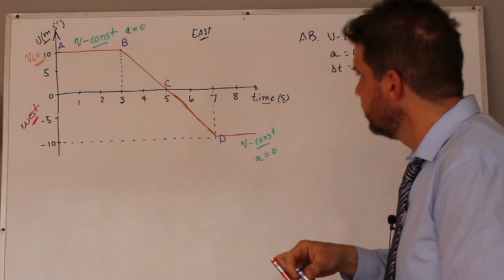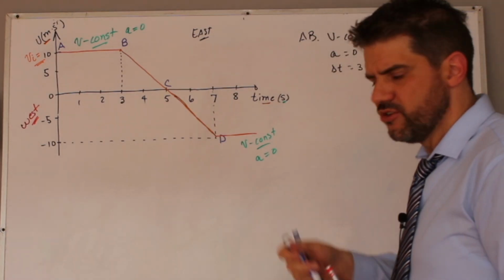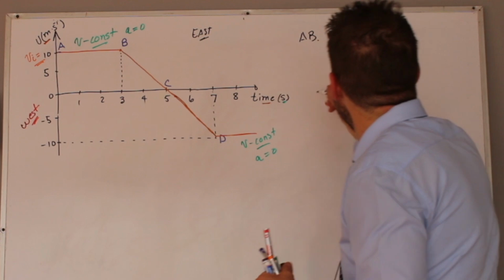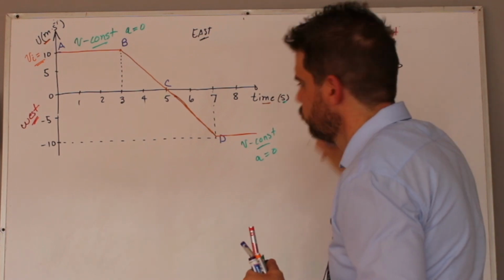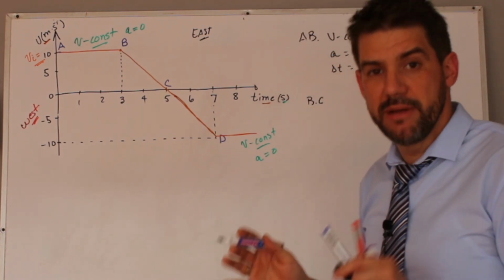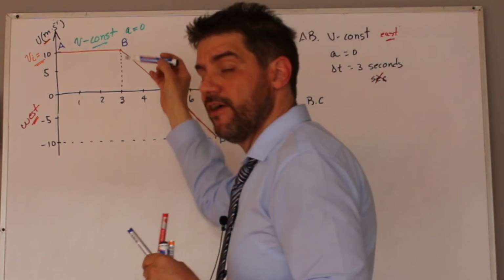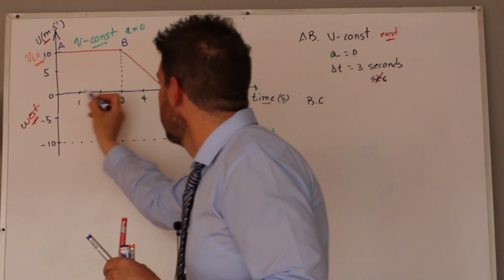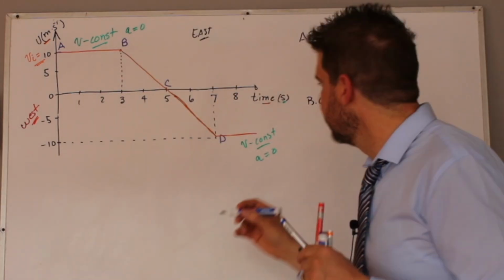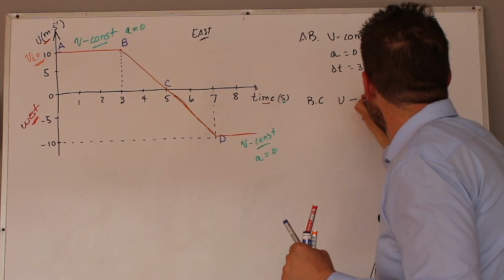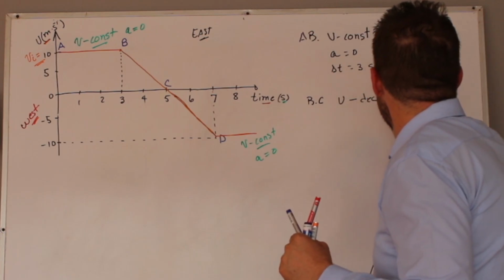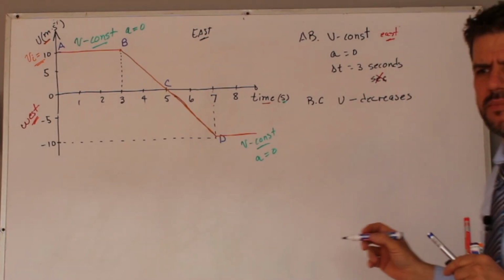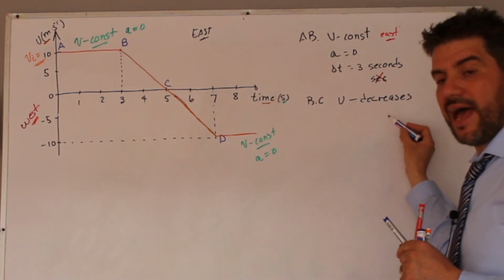Let's go to BC. What happened from B to C? You can see that the velocity went from 10 to 0. So the velocity decreases. So you write: velocity decreases.